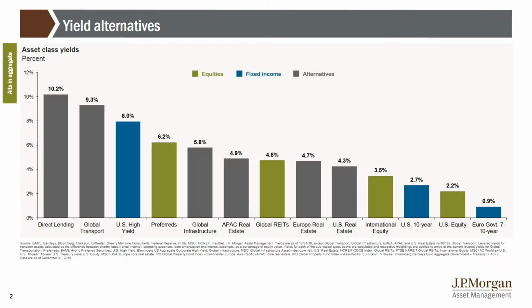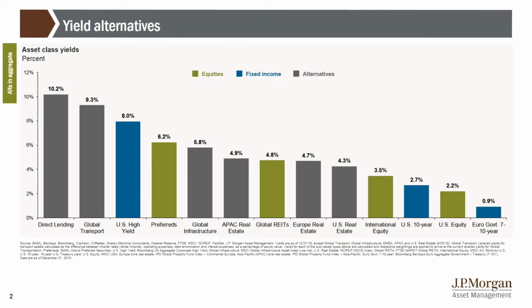As I mentioned, one of the big themes here is that people are looking for yield. What we've done on this next chart from our Guide to Alternatives is simply looked at the yield across a number of public and private asset classes. And you can see of the top 5 yielding asset classes, 3 of those are alternatives: direct lending, transportation strategies, and infrastructure.